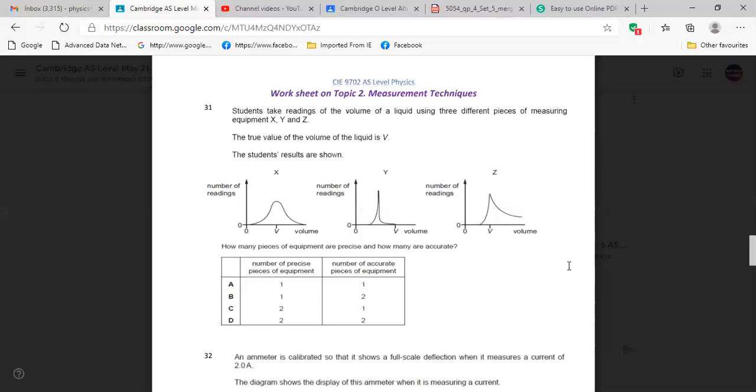Yes, sir. True value is labeled at V. So we can understand Z is giving us accurate readings, right? So in your note you write that the accurate piece of equipment is shown in Z.